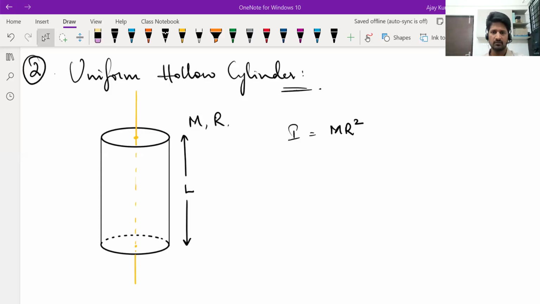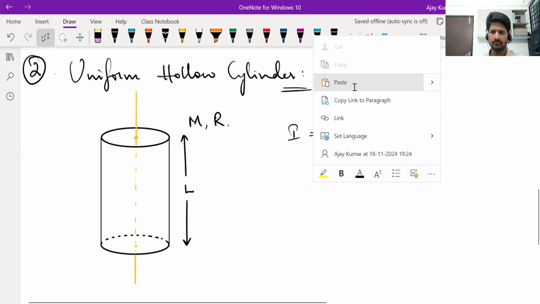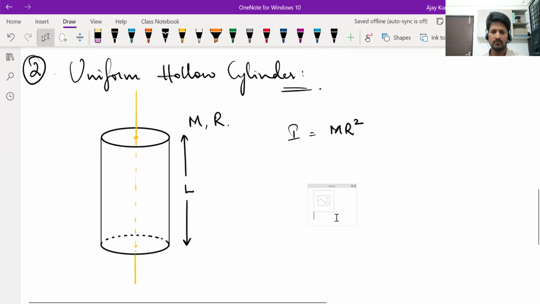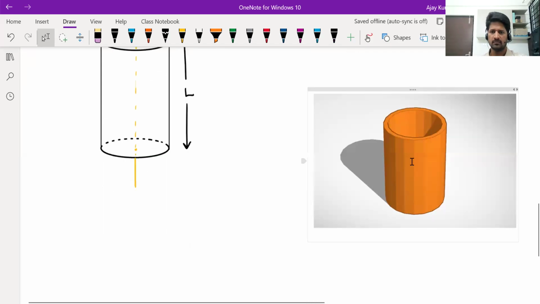Okay, fine. Just a moment. In case you are finding it difficult to visualize, basically this is a hollow cylinder.